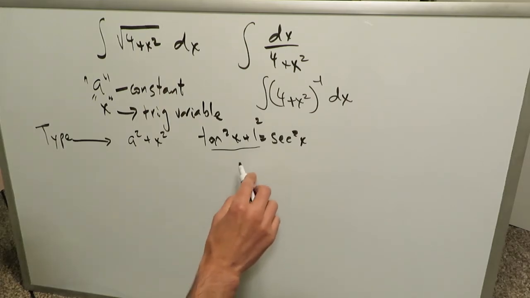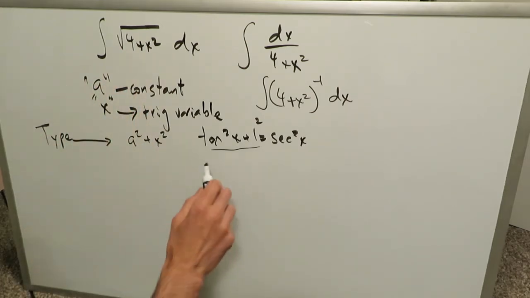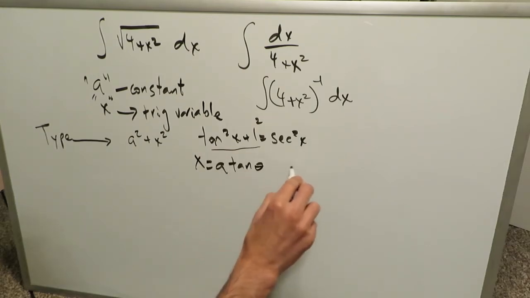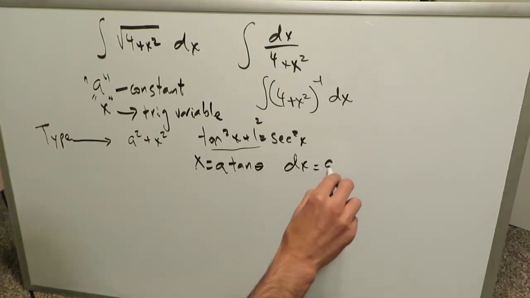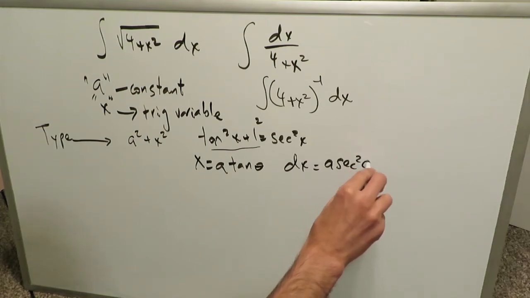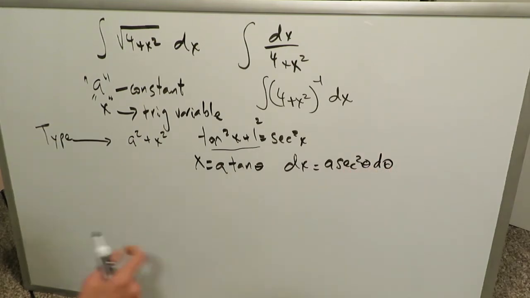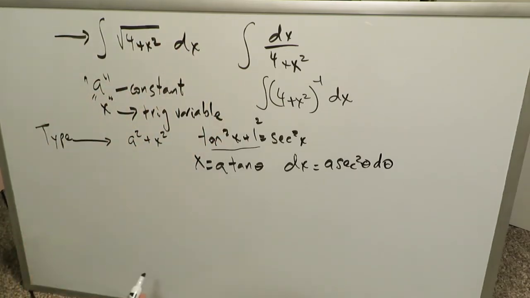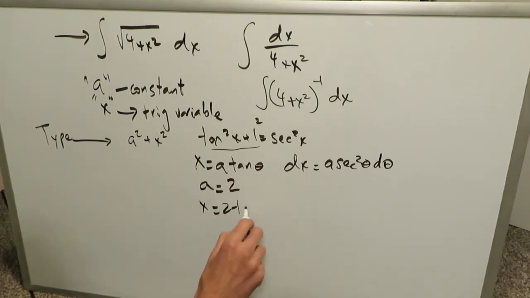Well, x will be a tan theta, then dx, the derivative of that, will be a secant squared theta d theta. With regards to these questions, specifically this one over here, a is going to be the root of 4, which is just 2. x will be 2 tan theta.